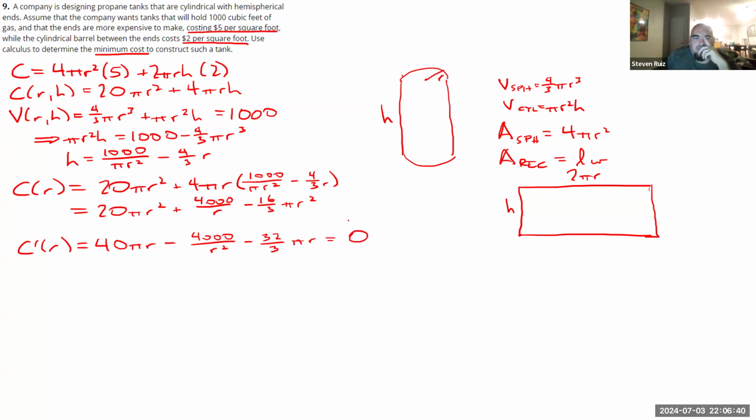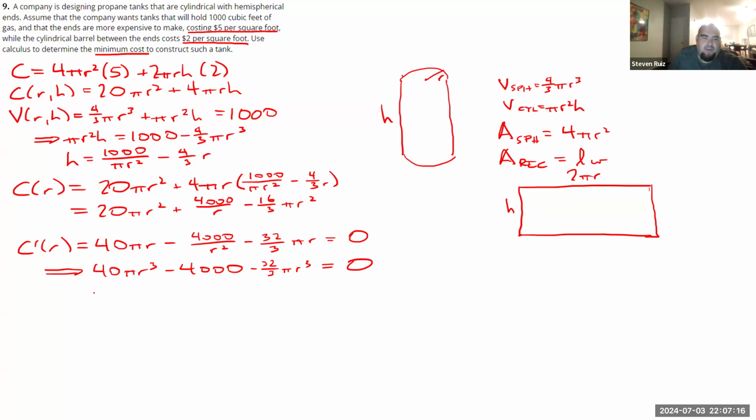I want to set that equal to 0. How do we manipulate this? One thing I'm going to do right away is multiply the whole equation by r squared, which helps clear out the variable in the denominator. I get 40 pi r cubed minus 4,000 minus 32/3 pi r cubed equals 0.